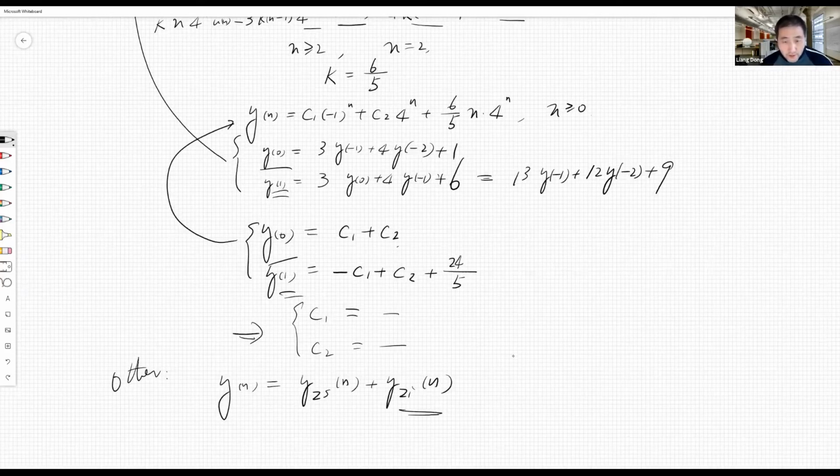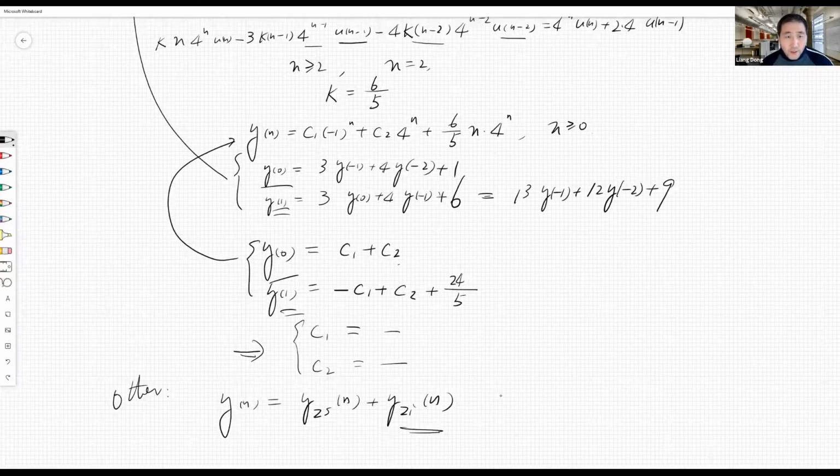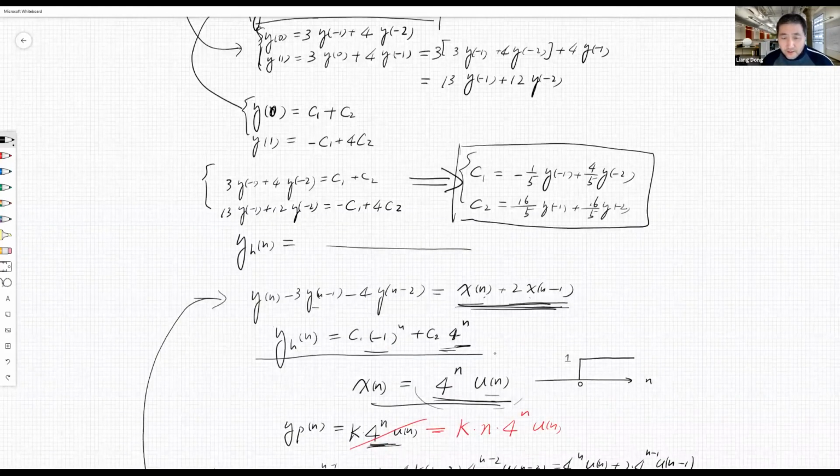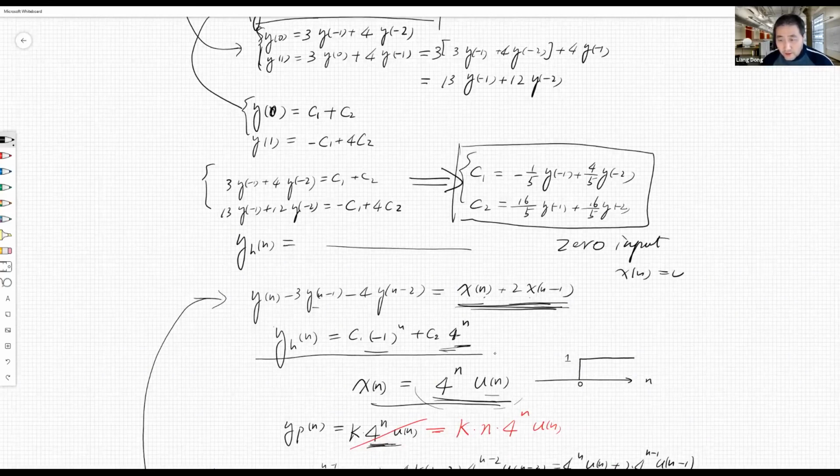So for the 0 input, we got C1 and C2 here. You can think of that as the C1 and C2 of the 0 input, when x[n] is zeros. They are all zeros, right?